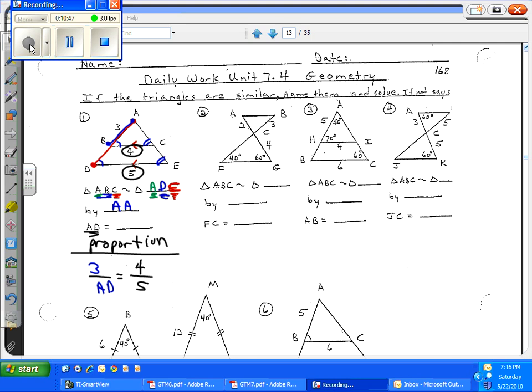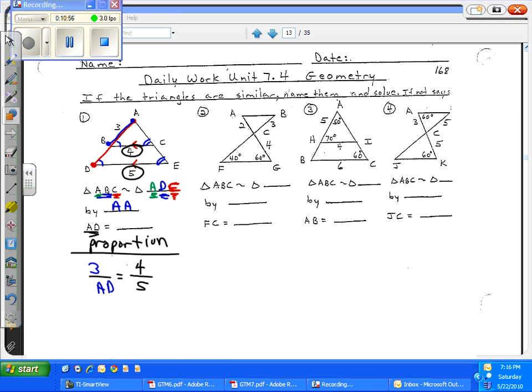And then to solve that proportion, we cross multiply. I'm going to clean up some space here. And so we cross multiply. 5 times 3 is 15, is equal to AD times 4, which is 4AD.